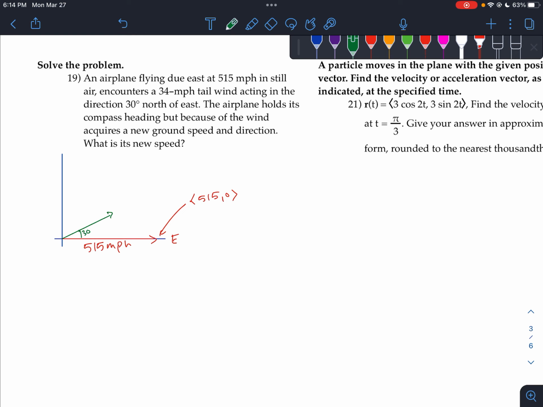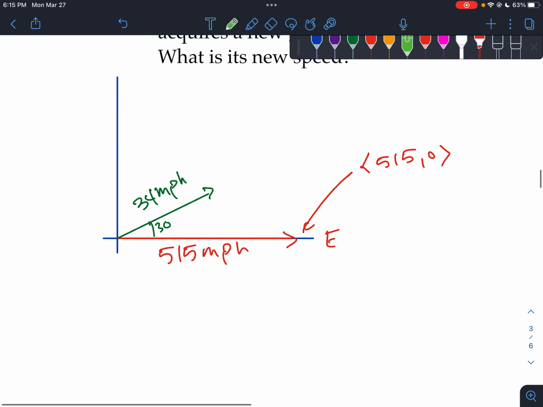And it has a 34 mile per hour magnitude. Because it's 30 degrees, in this triangle right here, this would be the shortest side, which would have to be half of that. So this has to be 17, and this has to be 17 square root of 3.